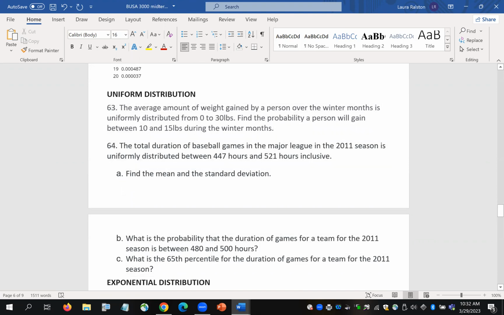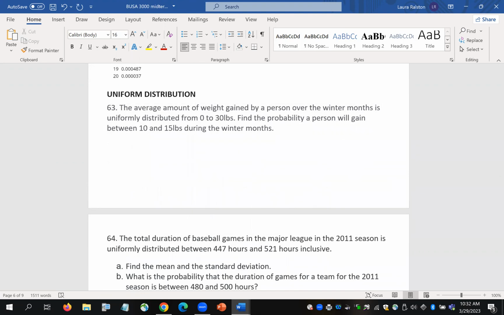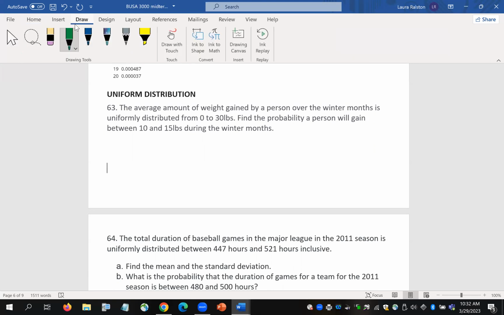All right, uniform distribution. Question 63 says, the average amount of weight gained by a person over the winter months is uniformly distributed from 0 to 30 pounds. Find the probability a person will gain between 10 and 50 pounds.